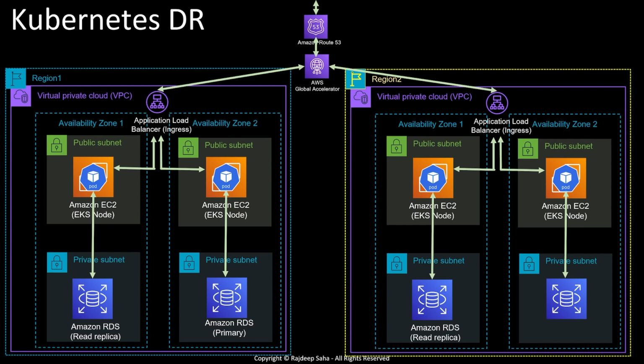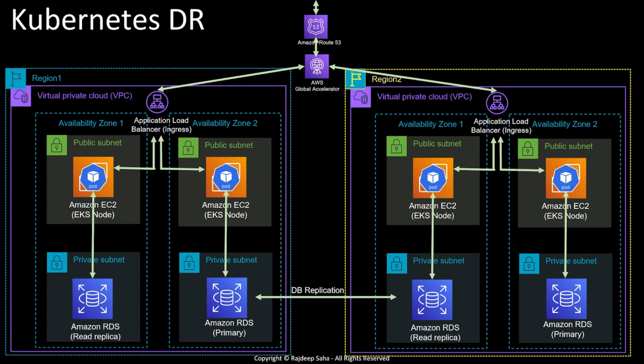Now this handles the Kubernetes application part, but whenever you talk about disaster recovery, always think of different components. So the application part is good, but how about the persistence layer, which is the database part? For the database part, you have to do database replication. In case you are using Amazon RDS, you can use the out-of-the-box replication that AWS provides.